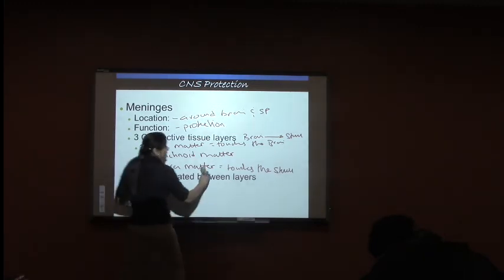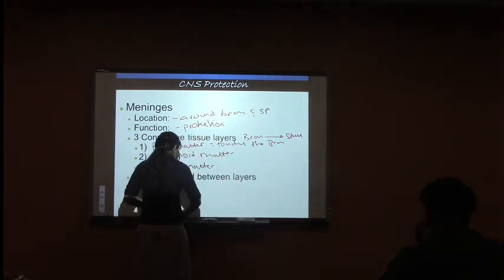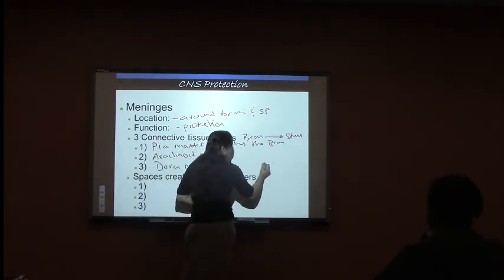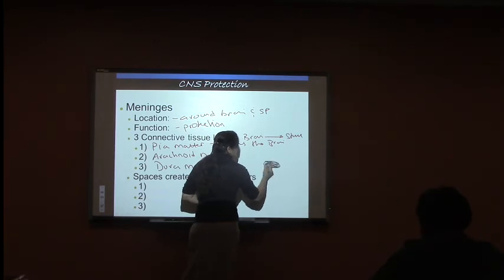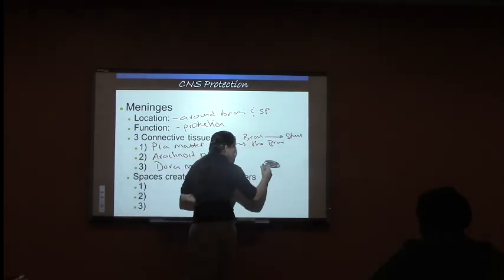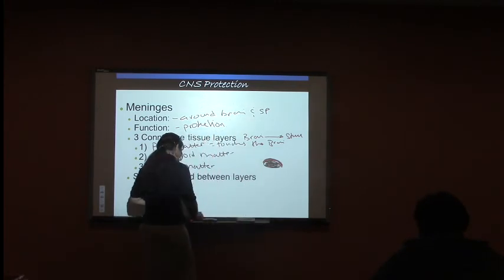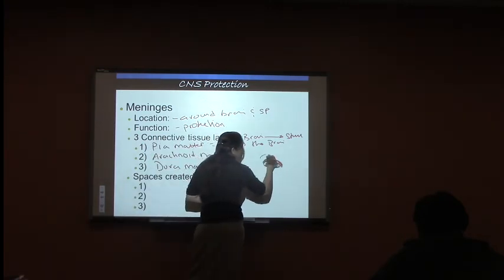So let me erase this so I can draw. Let's say this is the brain. The layer that actually touches the brain is called what? Pia matter. What is the second layer?